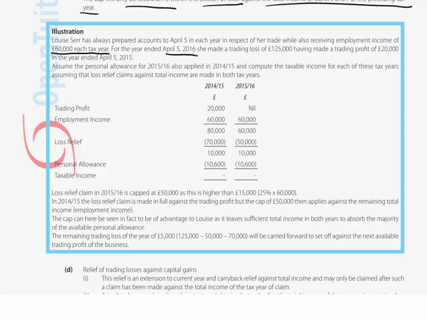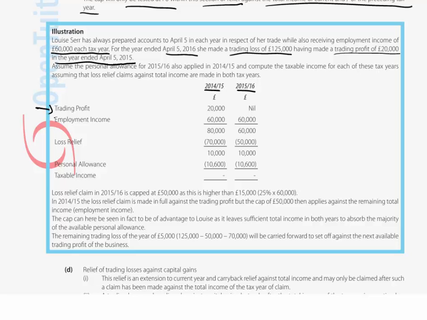For the year ended April the 5th, 2016, she made a trading loss of £125,000, having made a trading profit of £20,000 in the year ended April the 5th, 2015. Right, so what have we got here? We've got information about the 15-16 and 14-15 tax years.